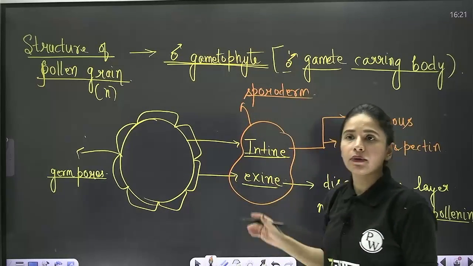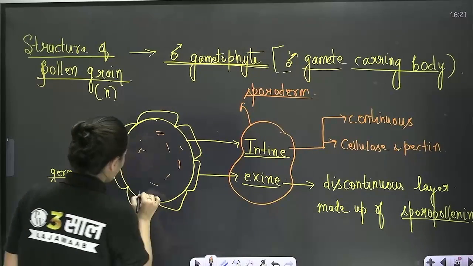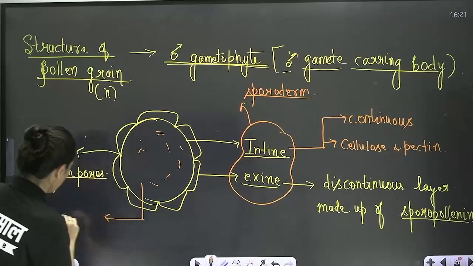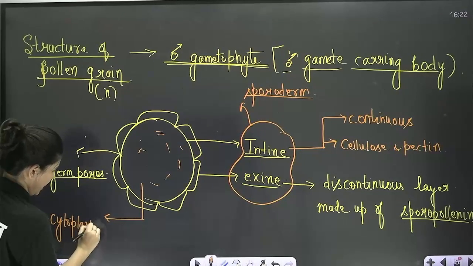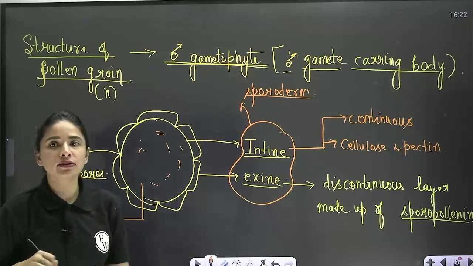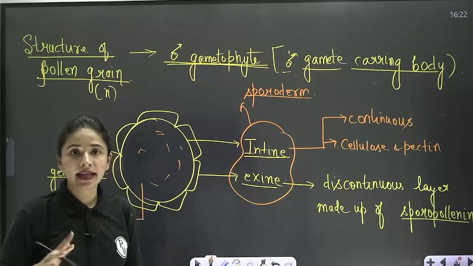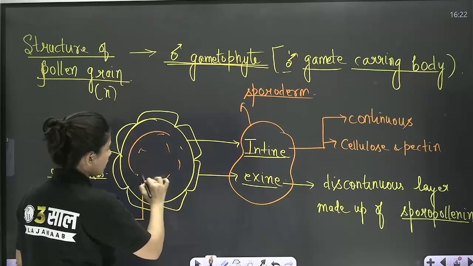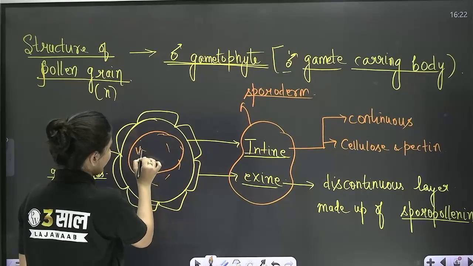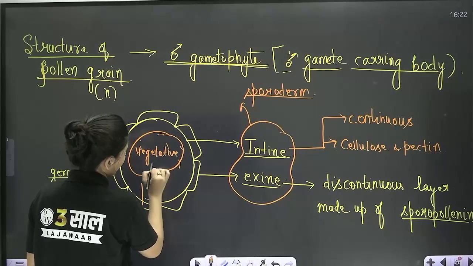Correct? Now, this intine encloses the fluid, and the fluid is known as, yes, you are correct, cytoplasm, inside which there are two cells. Initially, there are two cells present. The larger called as vegetative cell, right?